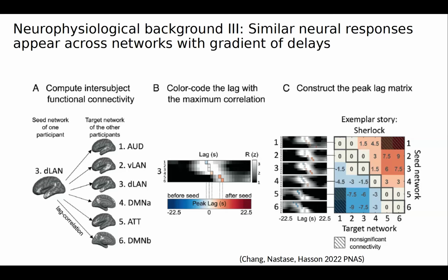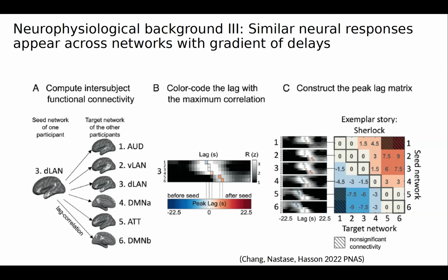And then you can order these different brain networks: the auditory, ventral language, dorsal language, default mode network A, attention, and default mode network B. So this is a hierarchy of increasingly associative areas where, in principle, more higher level cognitive processing is going on.